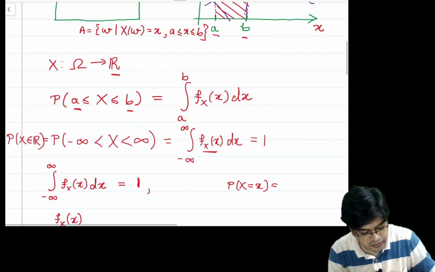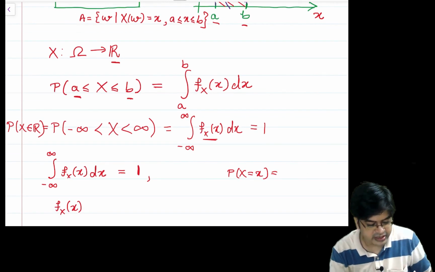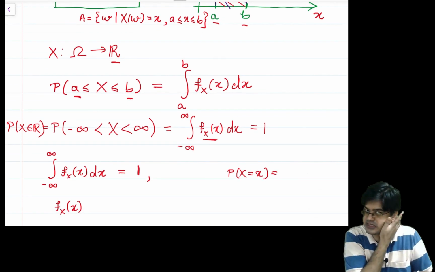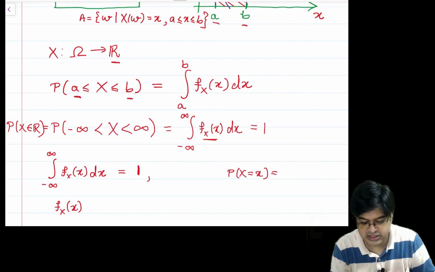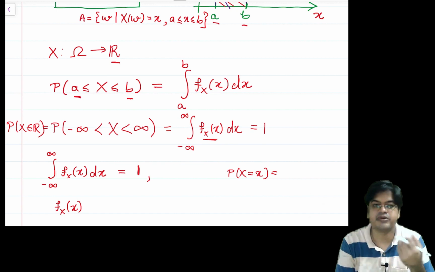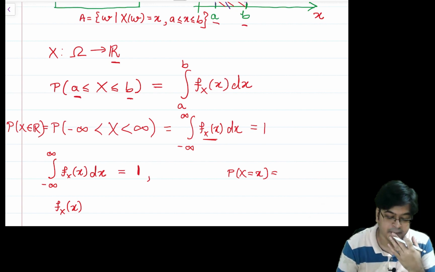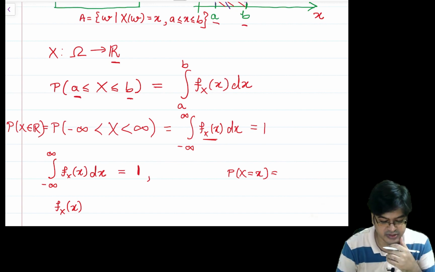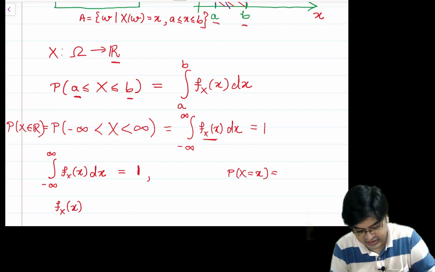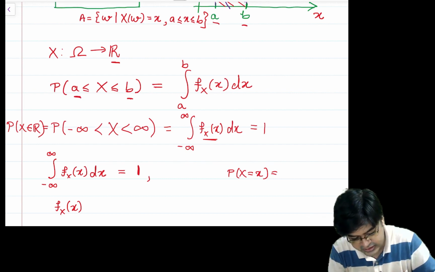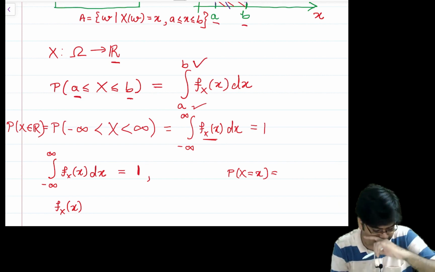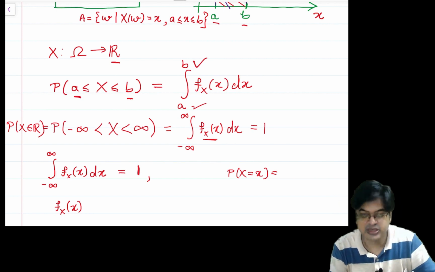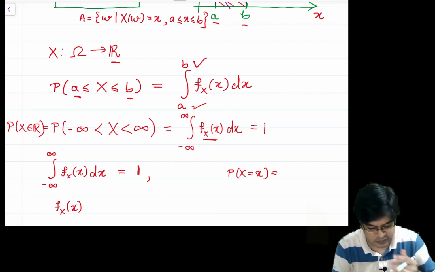Fine. Further, what can be the values of f_X(x)? Are there any restrictions on f_X(x)? So the first restriction that we will look at is, when we compare with the probability mass function, can this be less than or equal to 0? If it is less than or equal to 0 in this zone, let us say a to b, then what will be the value of probability? The value of probability is going to be negative.